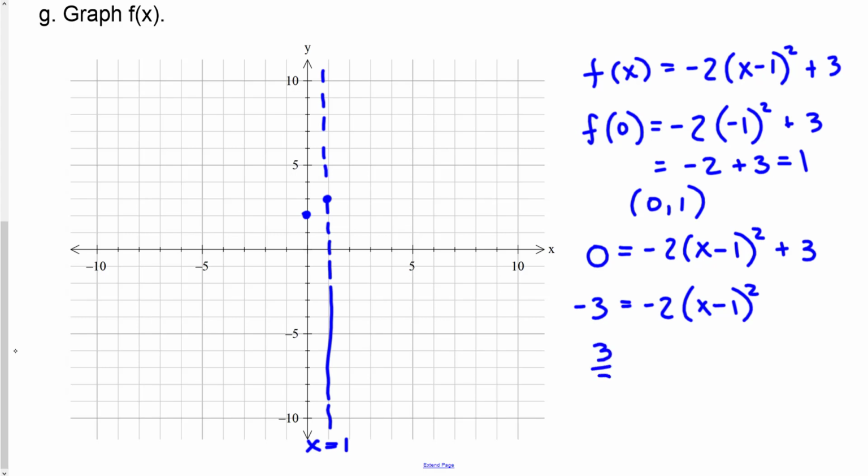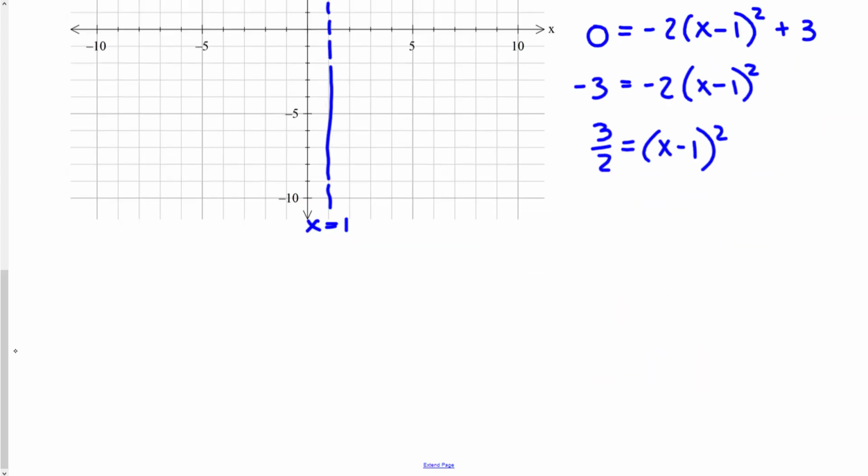So I have 3/2 equals x minus 1 quantity squared. Let me get some more space to write on. And if I take the square root of both sides, I have plus or minus square root of 3/2 equals x minus 1.